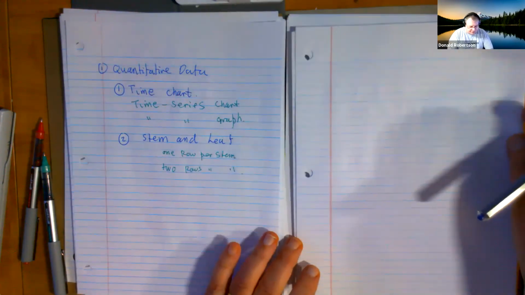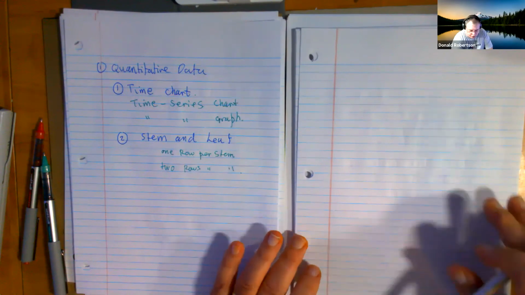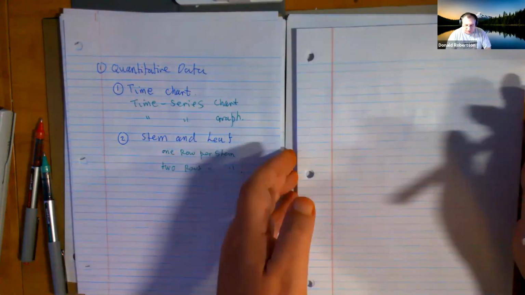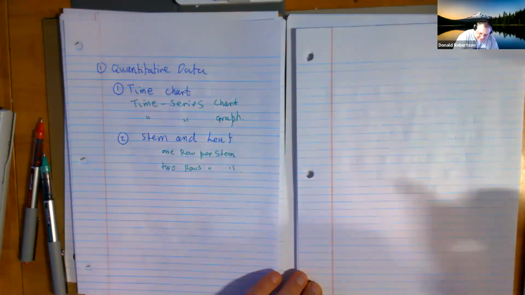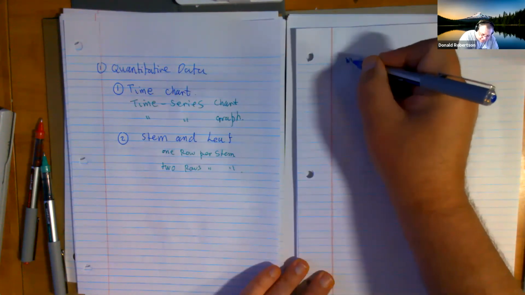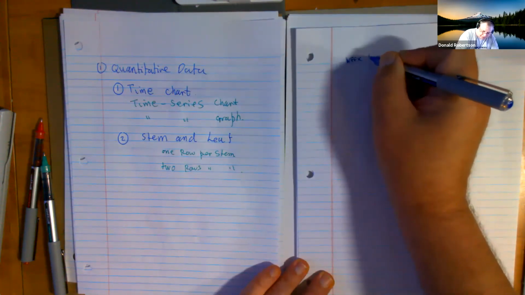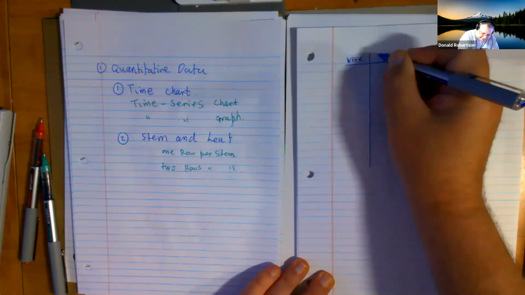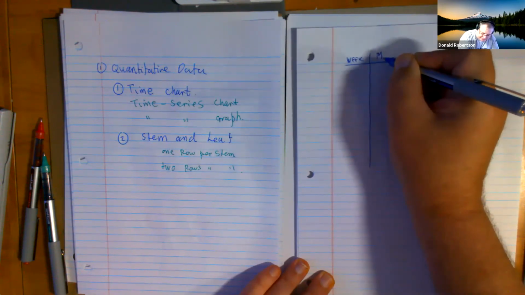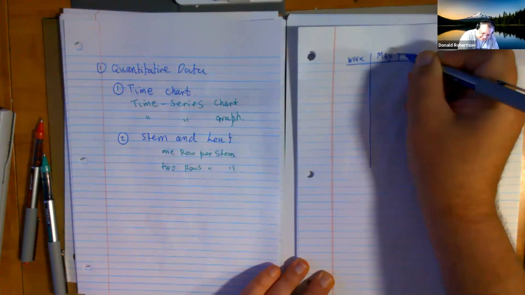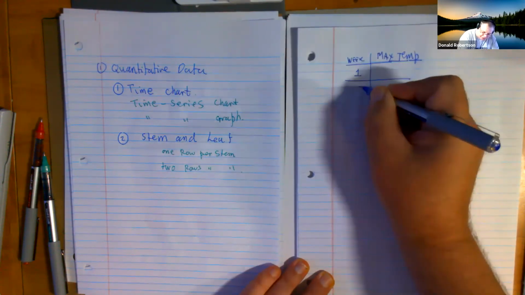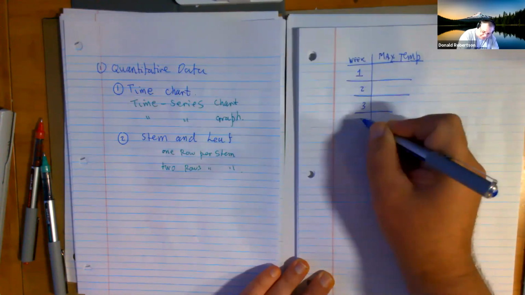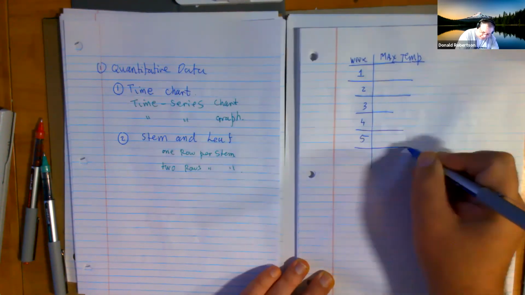Right. Time charts are when you are given data where the first variable is time. So you can have data like, let's suppose you collected data and you broke the year into week 1, week 2, week 3, week 4, keep going to, I guess I run out around week 6, right?